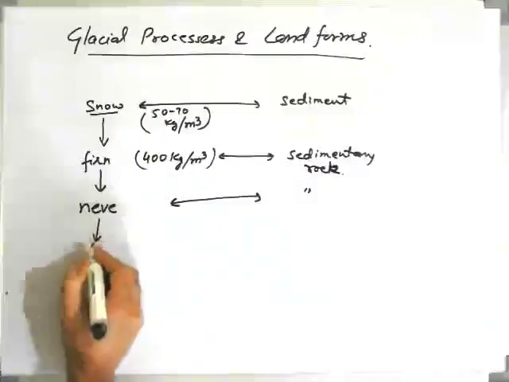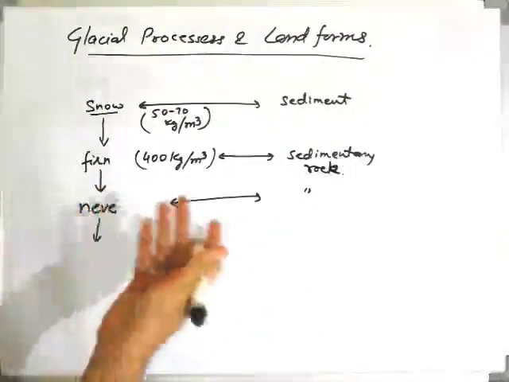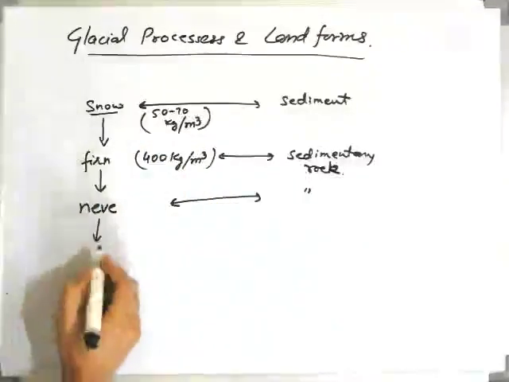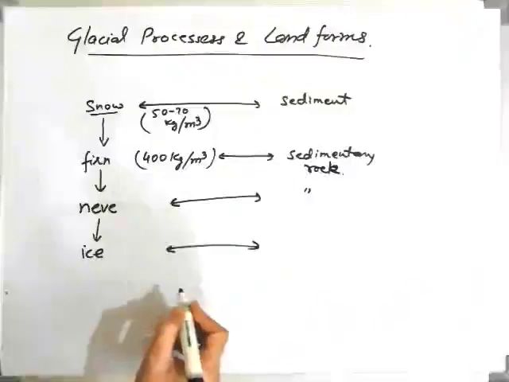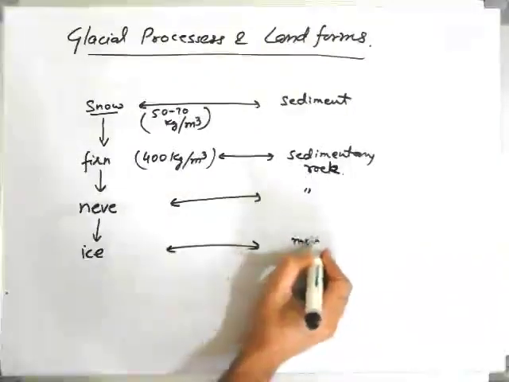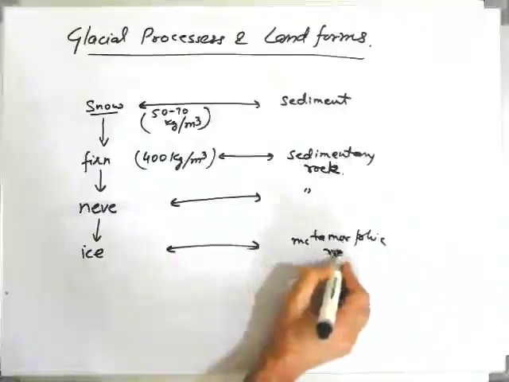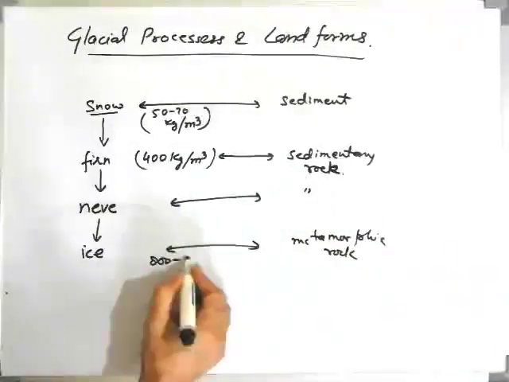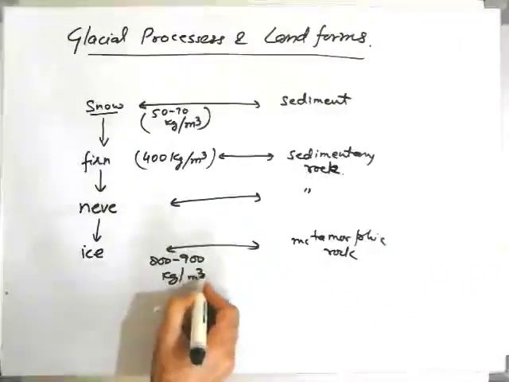And finally, when the firn becomes very old and is compressed below fresh layers of snow and firn, it develops into solid ice. And ice is analogous to metamorphic rock, and the density is somewhere around 800 to 900 kilograms per meter cube.